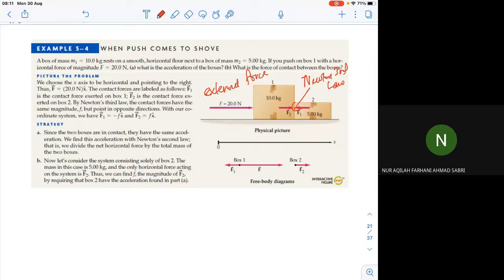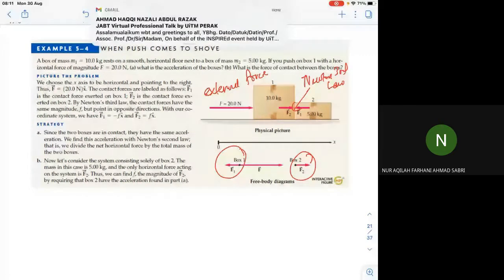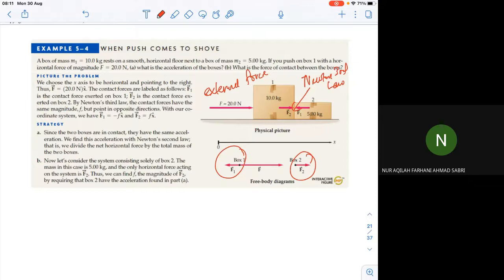So therefore, we can reduce it to F1 and F2, because there must be some forces acting between box number 1 and box number 2 due to how they are attached. Box number 1 definitely will give some force to box number 2, and of course box number 2 will give a reaction to that force, equal in magnitude but different in direction.